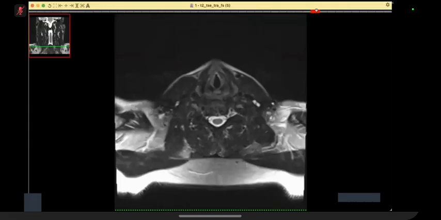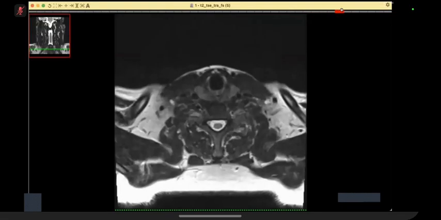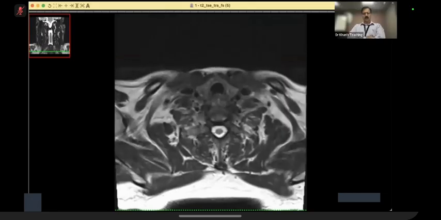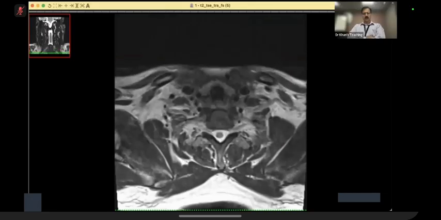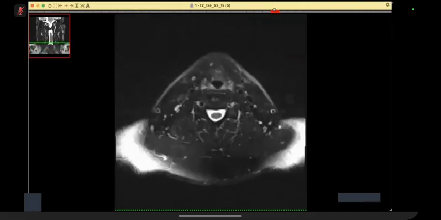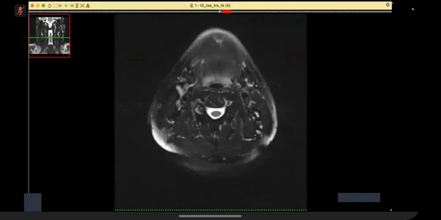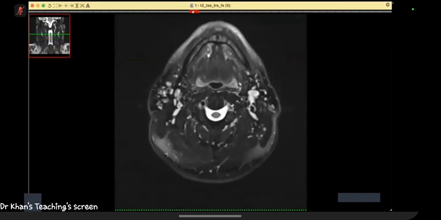Sorry, of an adult patient presenting with recurrent neck swellings. Bilateral neck swellings, okay. So on first review, I've not spotted an immediate abnormality.